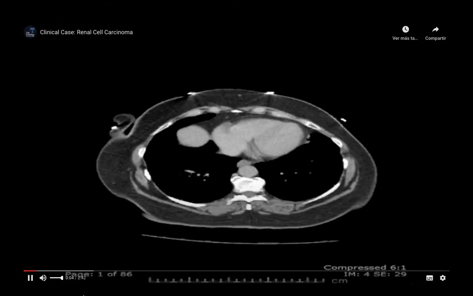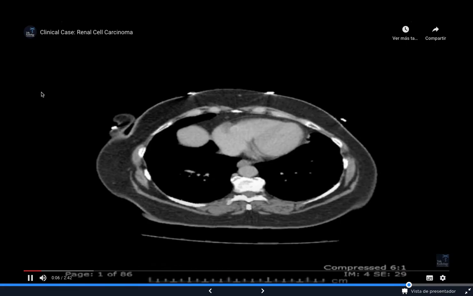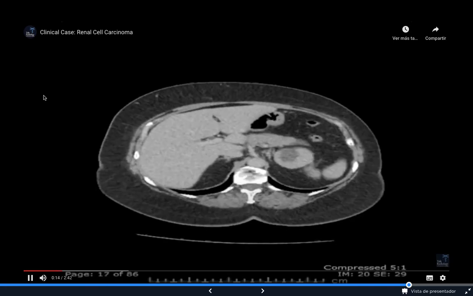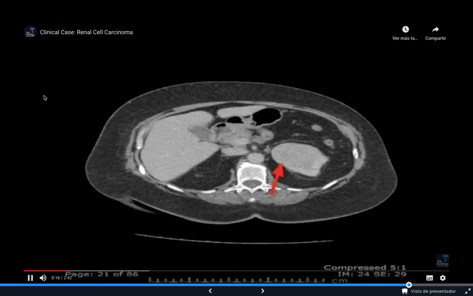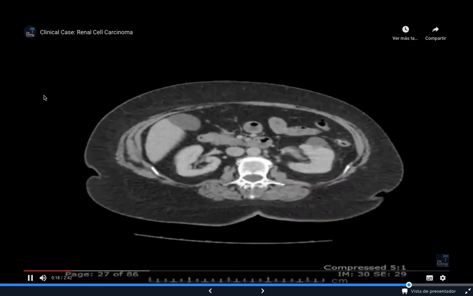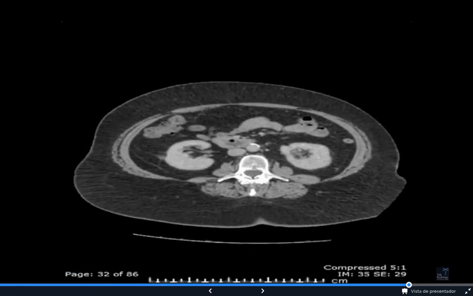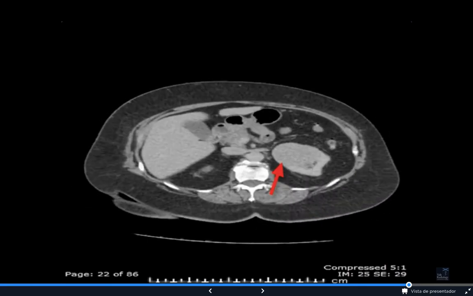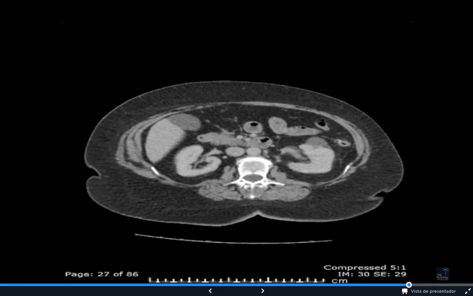The CT scan of the abdomen and pelvis performed with intravenous contrast. We'll start at the lung bases and scroll inferiorly. As you scroll inferiorly, we can see that there is an exophytic, predominantly solid mass arising from the upper pole of the left kidney, compatible with a renal cell neoplasm. There is an additional mass in the left kidney seen more inferiorly.